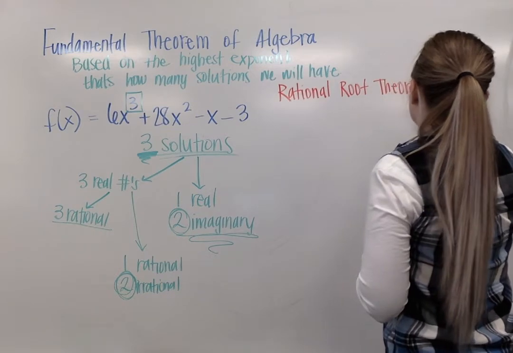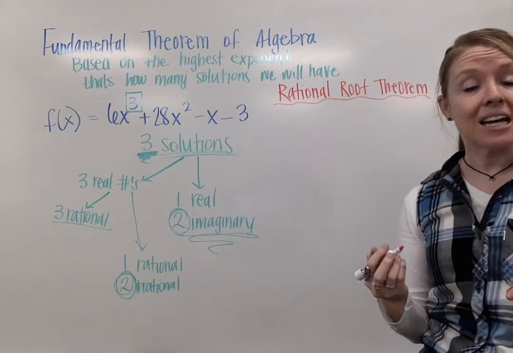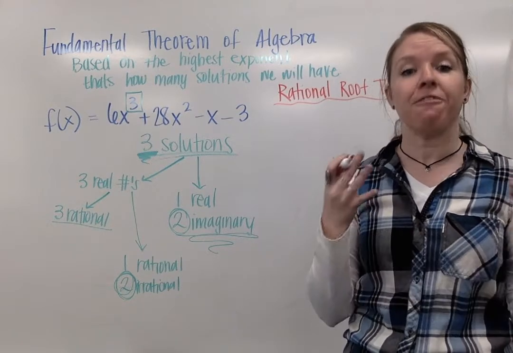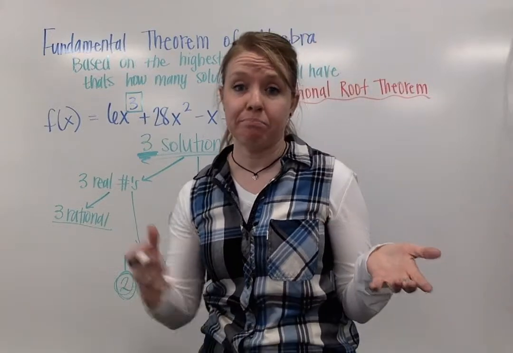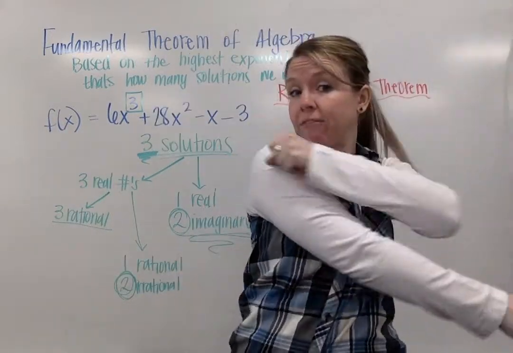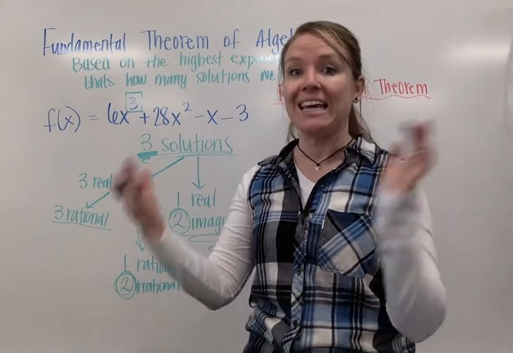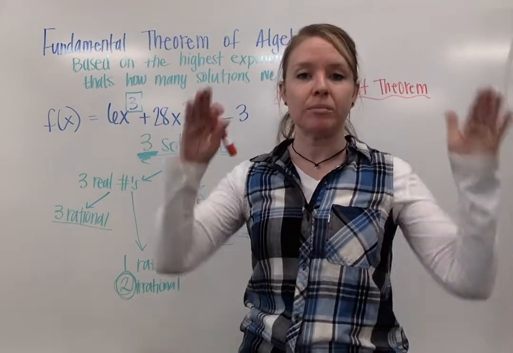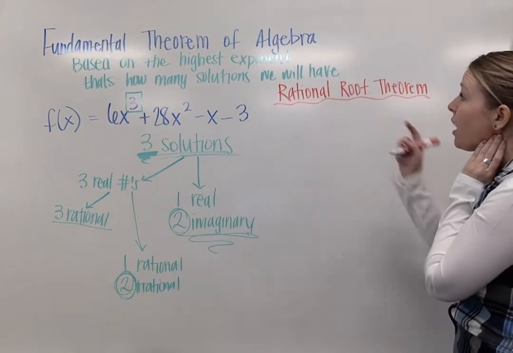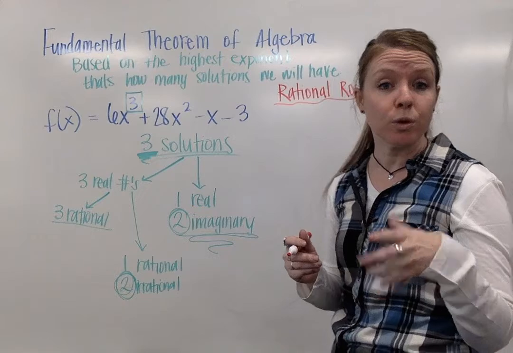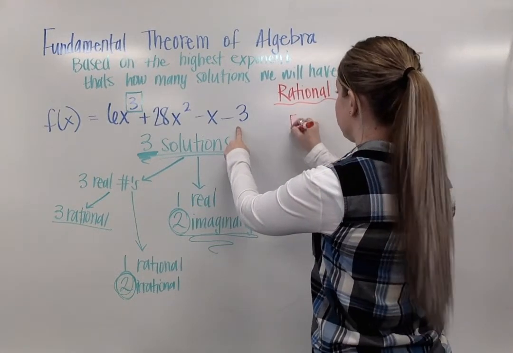So with this theorem, this is going to help us build a list of numbers to test, factors to test, okay? Or we just have to pull numbers out of left field, right field, plug them in, see if they work. If they don't work, we're left guessing. This rational root theorem is going to give us a smaller list to guess. To build our rational root list, what we're going to do is take the factors of our constant.